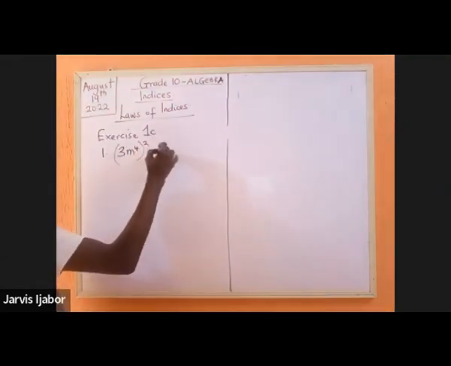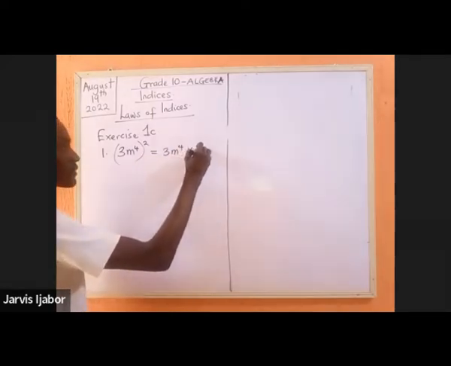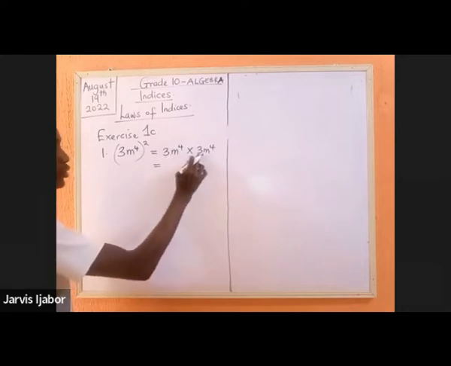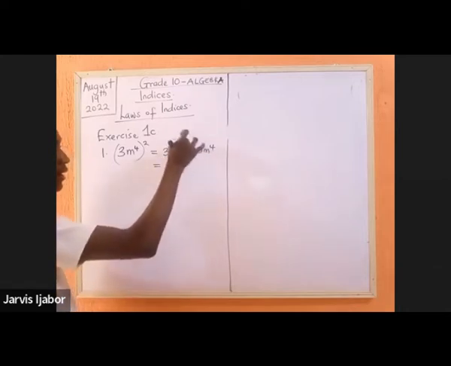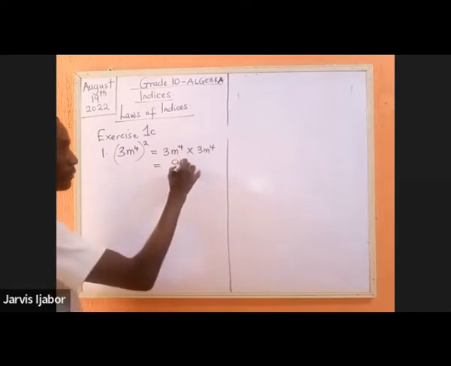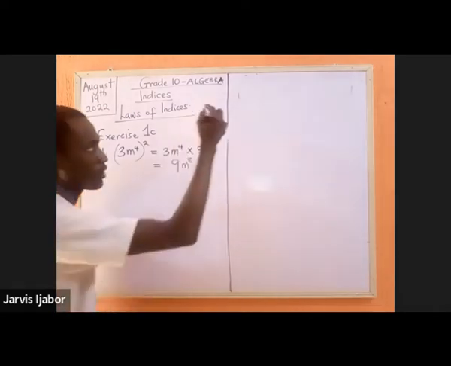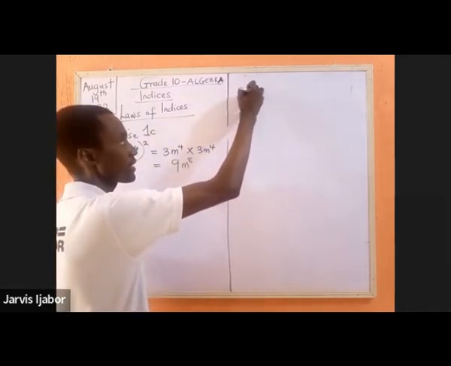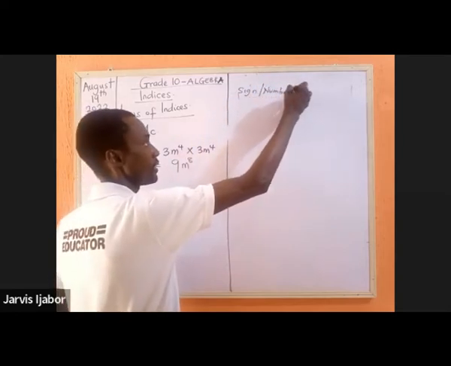So this will be what? Raised to the power of 2, meaning that 3m raised to the power of 4 is multiplied 2 times. What does that mean? Number to number, 9. Letter to letter, 4 plus what? 4. Remember our concept: number, sign, number, letter.